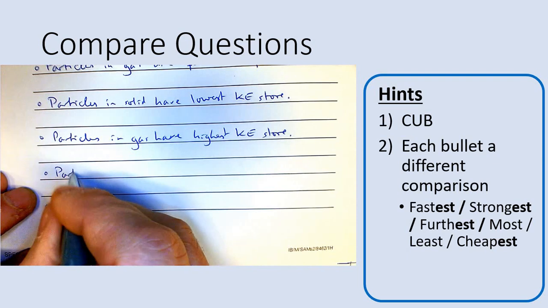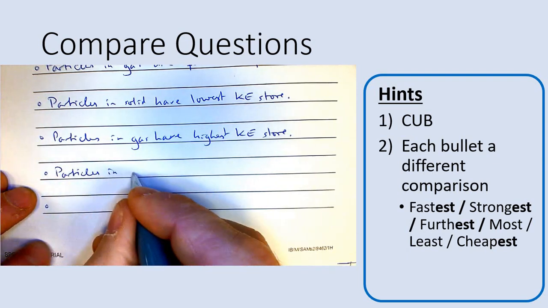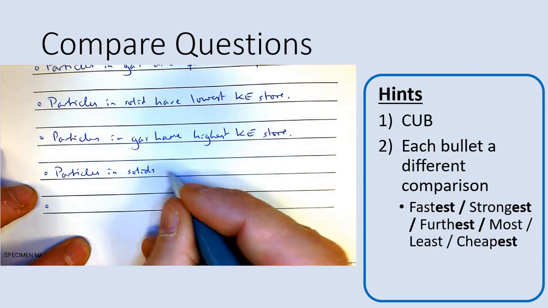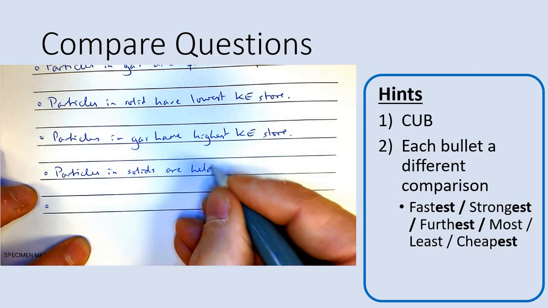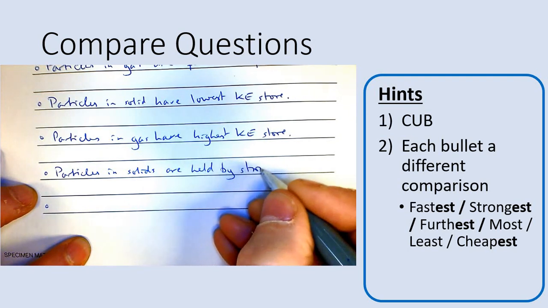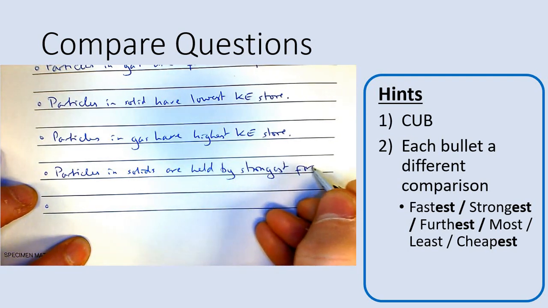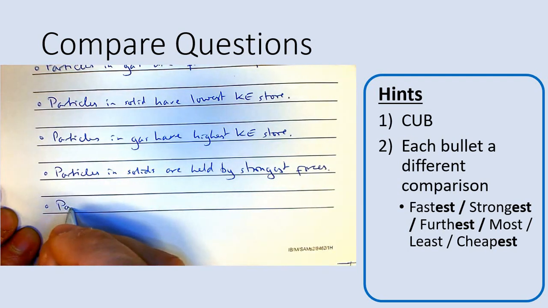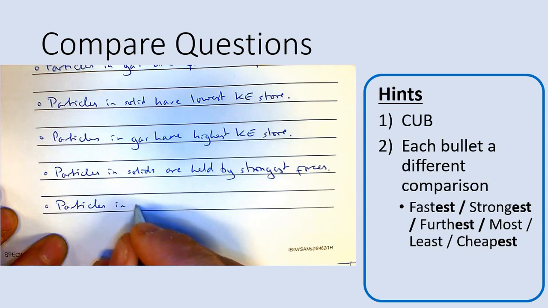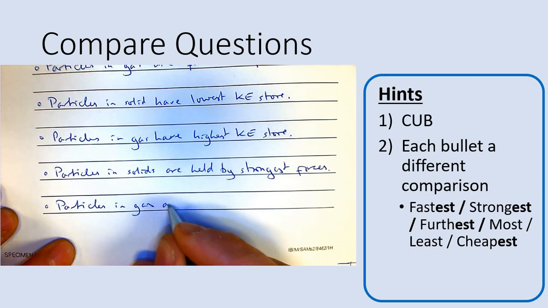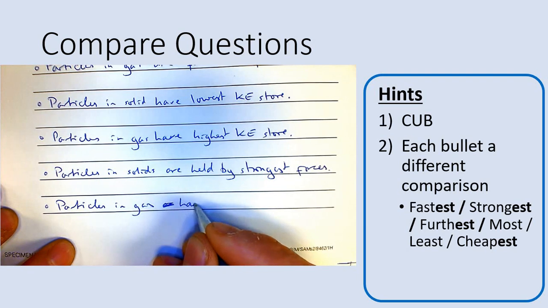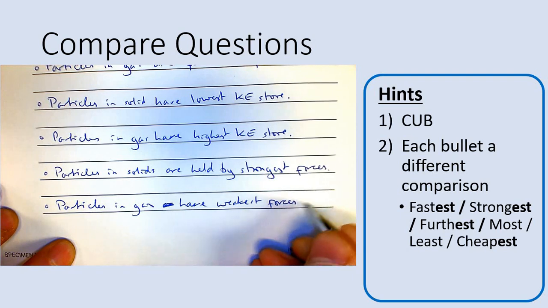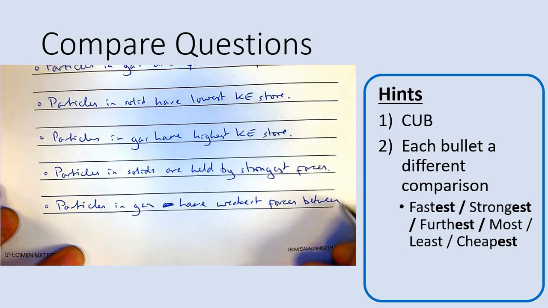Well, I know the forces particles in solids are held together much more strongly, held by strongest forces, because I can't break through solids very easily, whereas the opposite of that, particles in gas have the weakest forces between them.